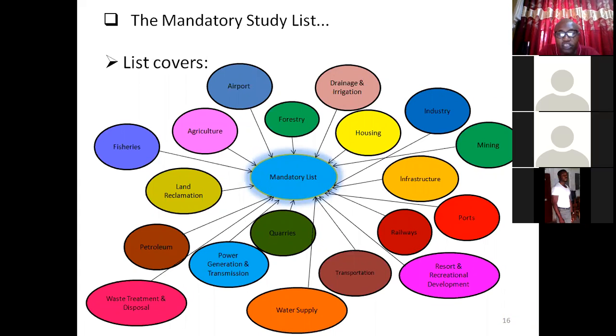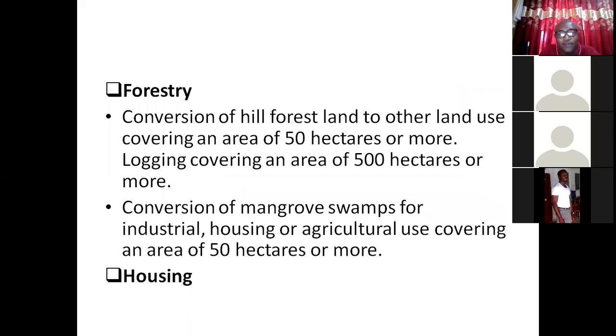The airports, housing projects, industrial mining, infrastructure, ports, railway, transportation, dredging, land reclamation, petroleum industry, and waste disposal are projects that are categorized, and some have what we call boundaries. Anything above 50 hectares, the federal government handles it.